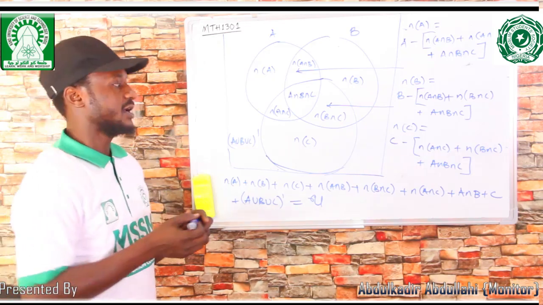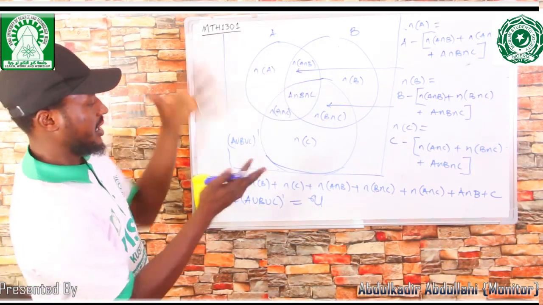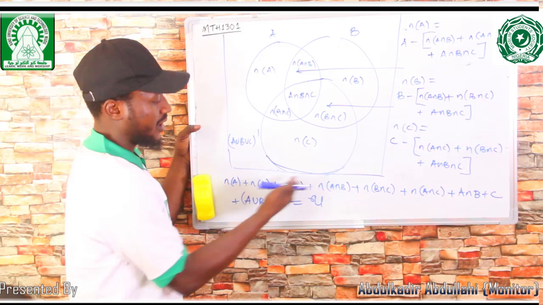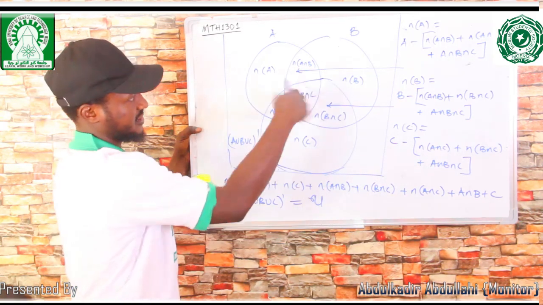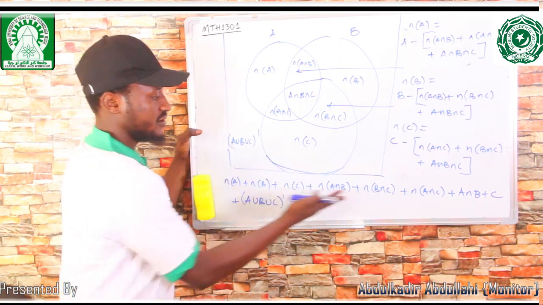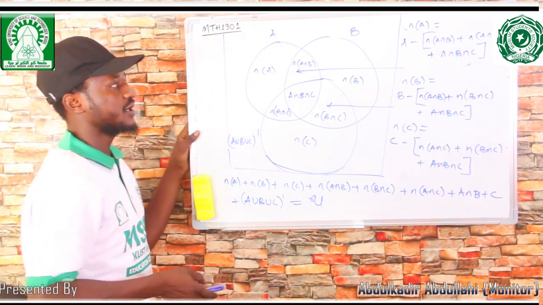Like in the first one with 2 sets, if you are asked to find one of these things in this 3-set Venn diagram, you just use this formula to find the unknown value.